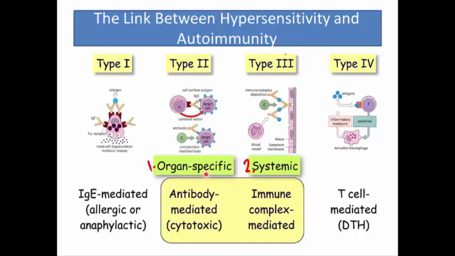In organ specific disease, like autoimmune hemolytic anemia, it is an autoimmune disease, but the mechanism of the lesion occurs by what? Type 2 hypersensitivity. Autoantibodies directed against the RBCs, with the help of activation of the complement, will lead to cell lysis.